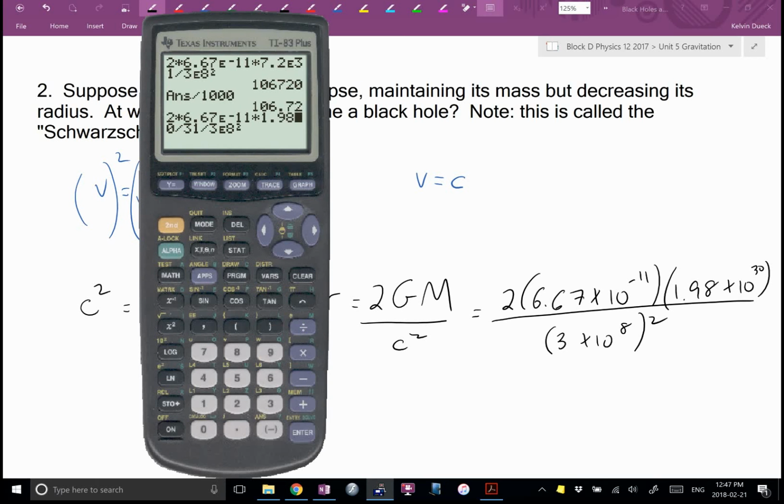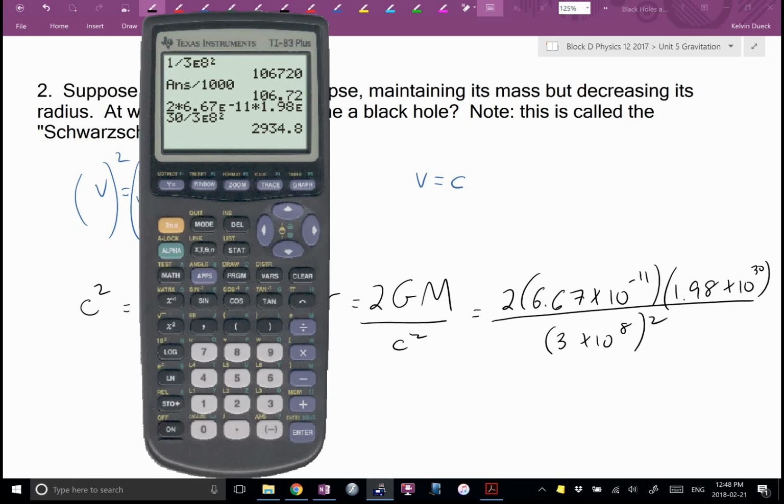Oh, 1.98 times 10 to the 30 divided by 3 times 10 to the 8th squared. Is that right? Almost exactly 3 kilometers if you divide by 1,000, which is pretty staggering when you think how big the sun is.